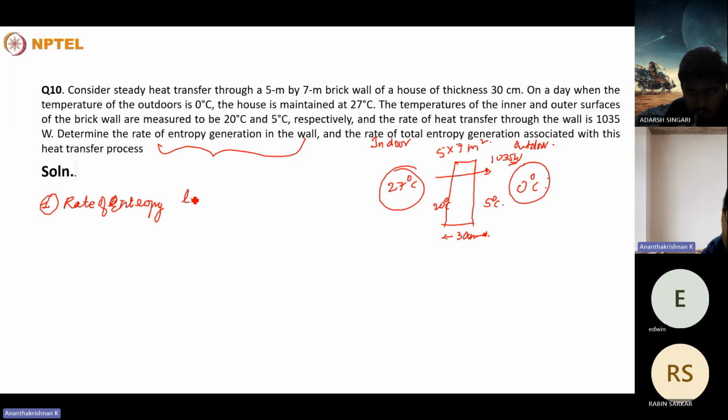Rate of entropy balance for the brick wall control volume.